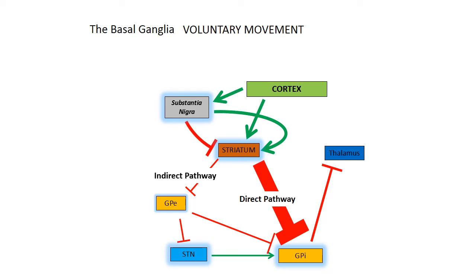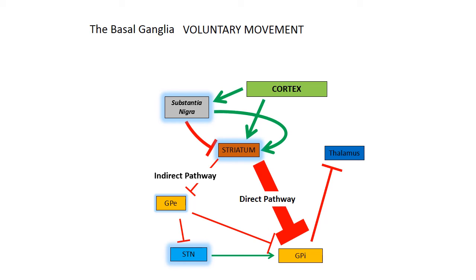We now have an excitation from the subthalamic nucleus, but it's coupled with some inhibition from the external globus pallidus and a very strong inhibition via the direct pathway. The result? The direct pathway has dominated, and now we have less activity in the internal globus pallidus.